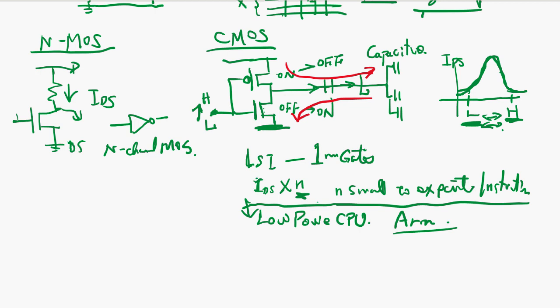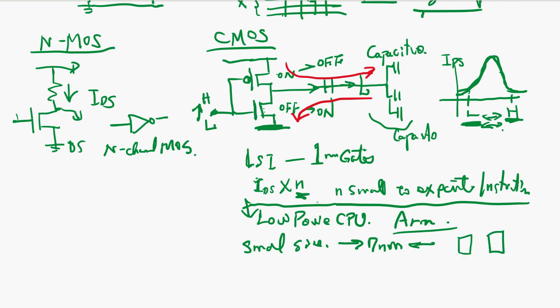But compared with bipolar, the CMOS gate is generally slow. So in order to overcome that, they make small size CMOS. Here the capacitance decreases. Right now it's 7 nanometer. This is the gate size. Gate is the MOS device.